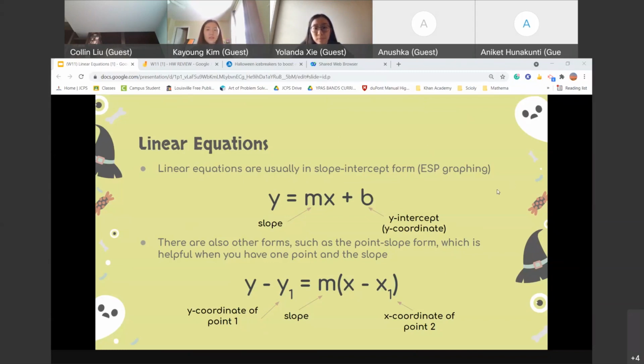There's also other forms that I bet you will learn if you haven't already in school, and one of them is the point-slope form. There's probably a bunch more, but this one is helpful when you have one point and the slope. This is one y coordinate, y1, and x coordinate, x1. And the m is always the slope.